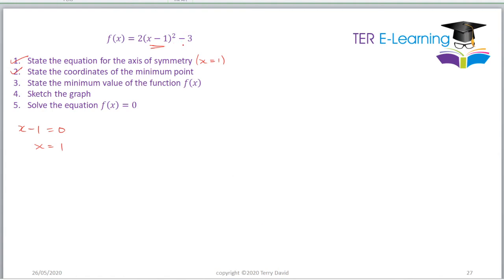So remember, we need to look at this number here. We already know what the axis of symmetry is, so that's 1, and so the coordinates of the minimum point will be (1, minus 3). What about the third part? State the minimum value of the function f of x.